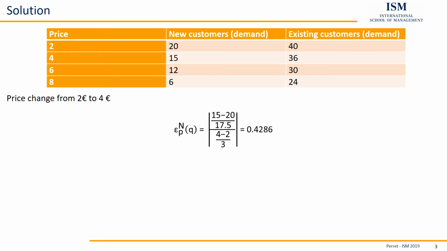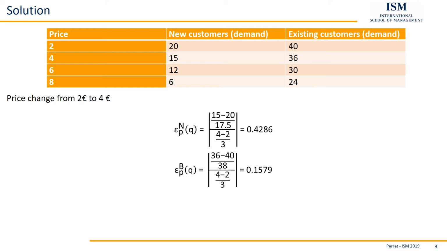Then we can do the same thing for the existing customers. Here we have a change from 40 to 36. So we go 36 minus 40 divided by their average, which is 38. The price change remains the same, so the lower fraction remains the same as well. So this looks as here and results in an elasticity of 0.1579.